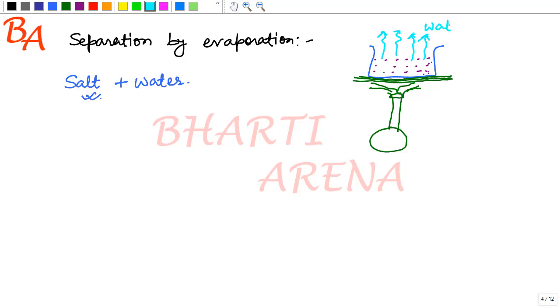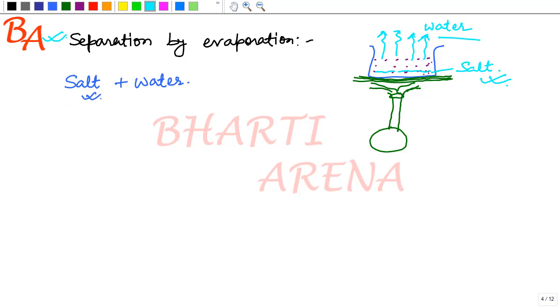So water will be evaporated and the salt will remain in the container. So this is the method by which by evaporation we can separate one component from the other.